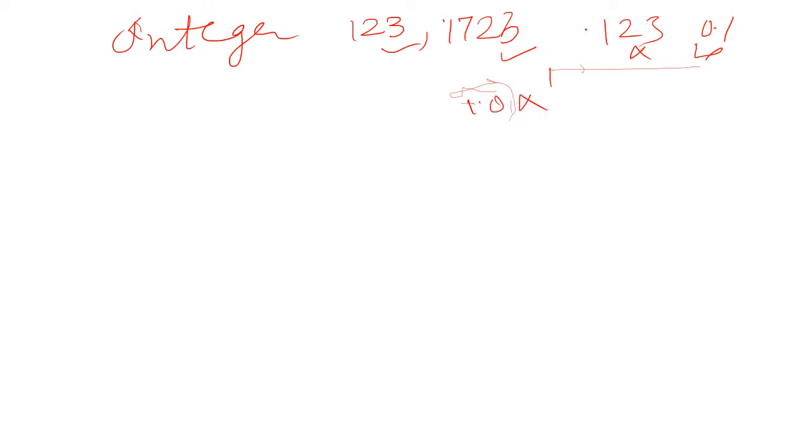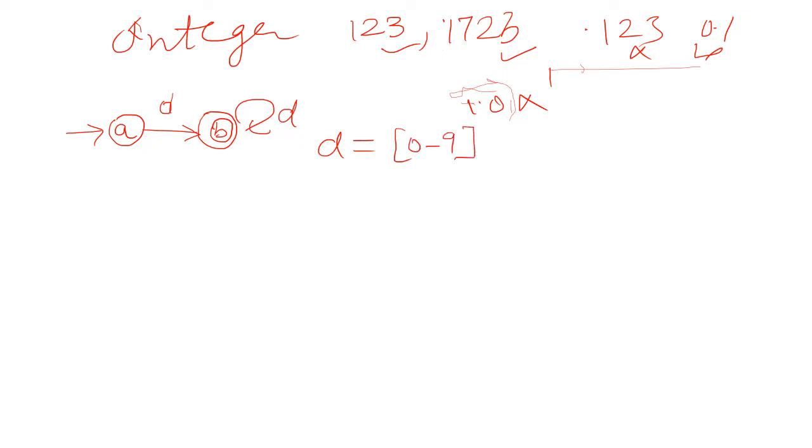Now what is the pattern? Basically the pattern of an integer is, let's suppose this is my state A, digit, and this digit might repeat. This is state B, and this is D. D is the digit which starts from 0 and goes to 9, right?